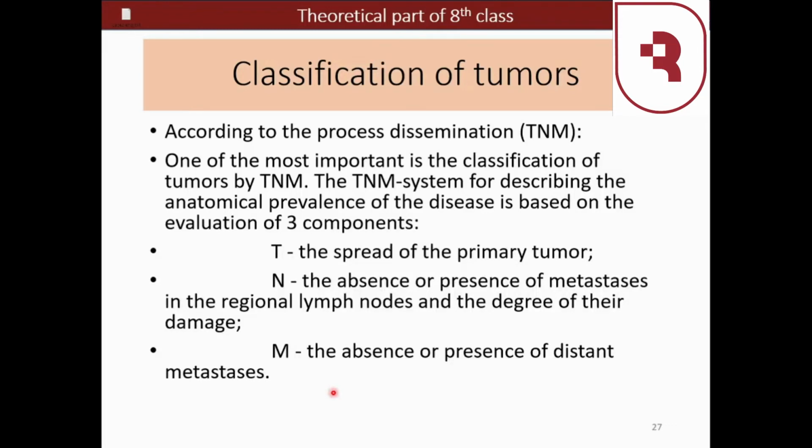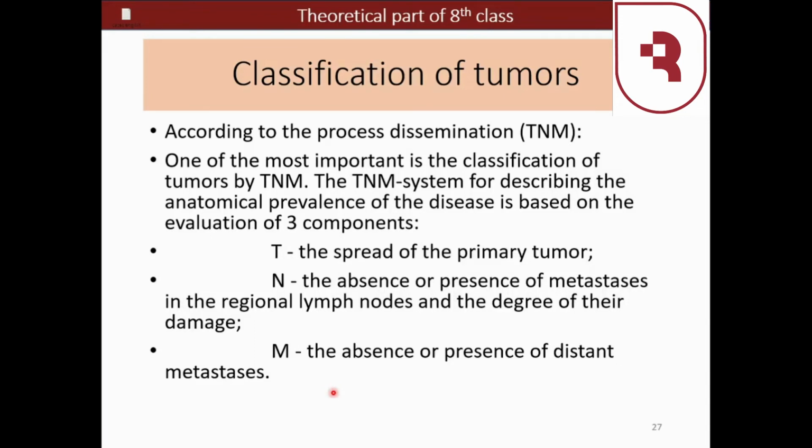This parameter should describe all characteristics of the tumor, such as tumor size, tumor form, or some other characteristics of the primary tumor. We should pay attention that under each of these letters we should find an index, and the index may be a number from 1 to 4, and also it may be marked by the letter X, when we don't know any characteristics according to this parameter.